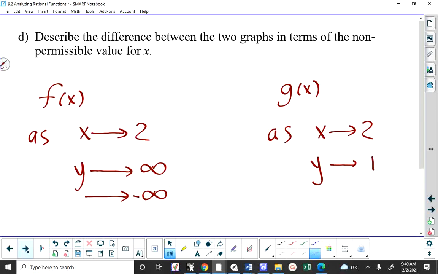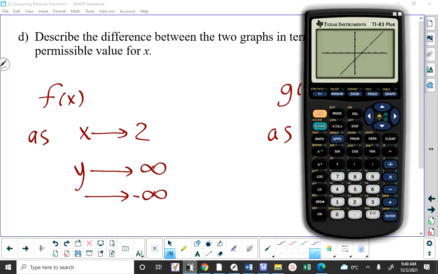If you went trace, we'll go 1.9, 1.999999999999999999999.